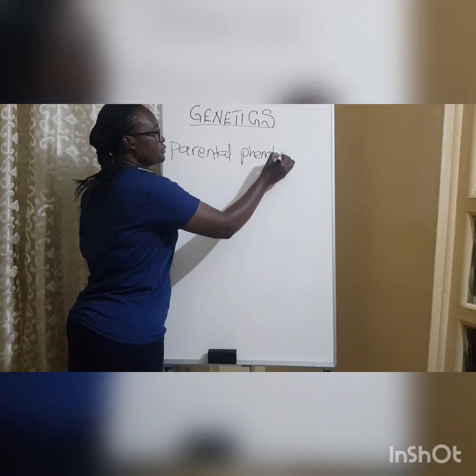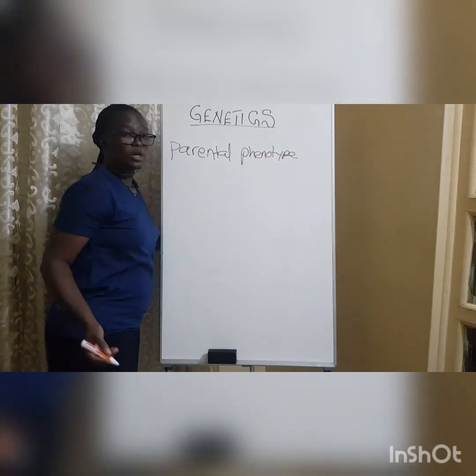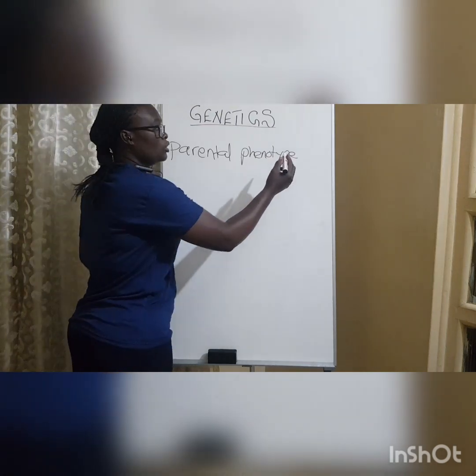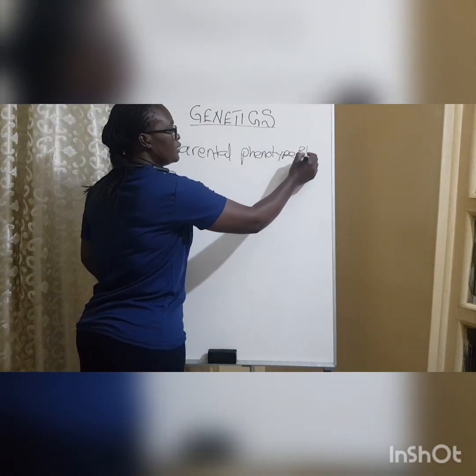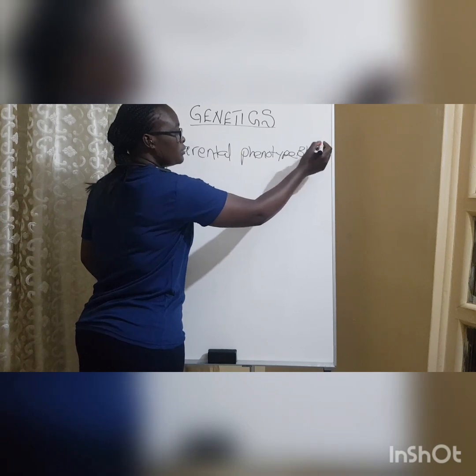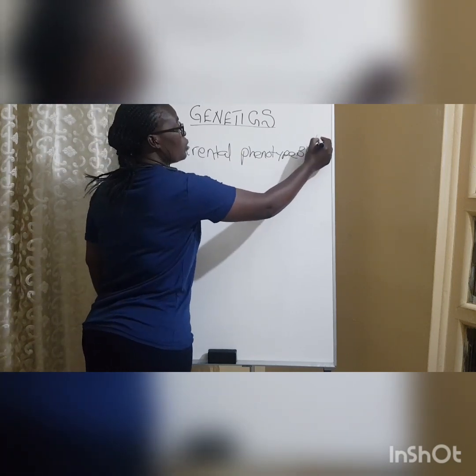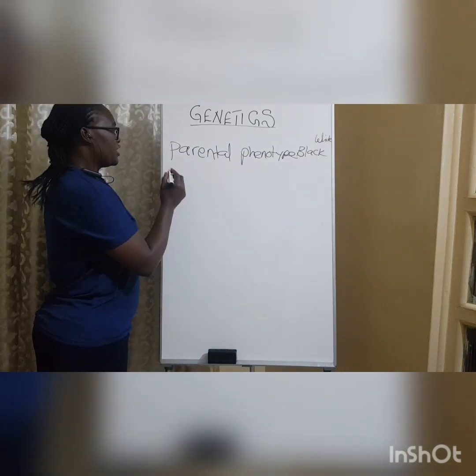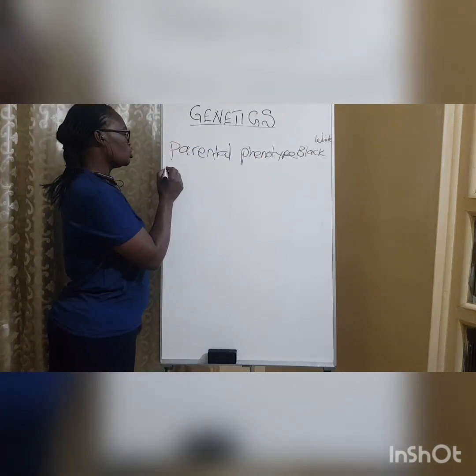Phenotype is what you are able to see. So we have black and white, isn't it? Black for the bull, then white for the cow. Then the second is parental genotype.